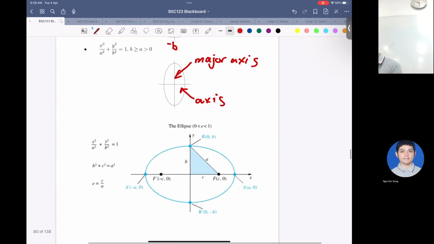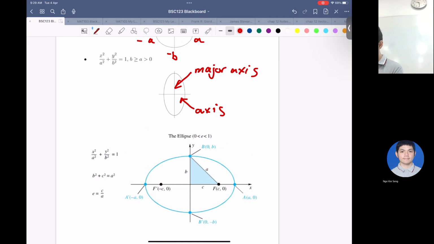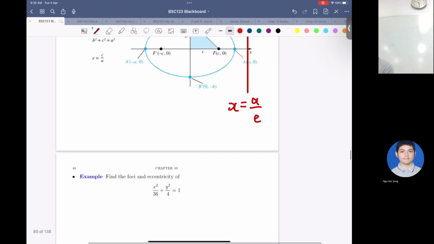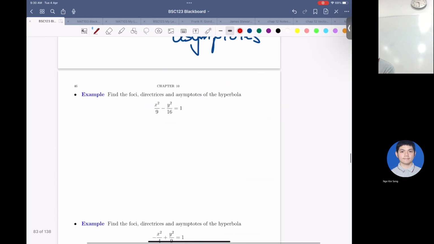Actually, I haven't told you what the directrix is here. The directrix here is also a over e, sorry, not epsilon. The directrix is the line that characterizes all the points. Let me show you another theorem first.